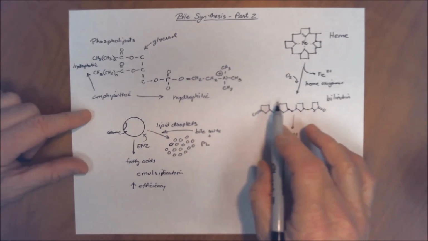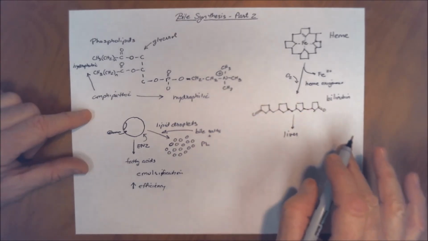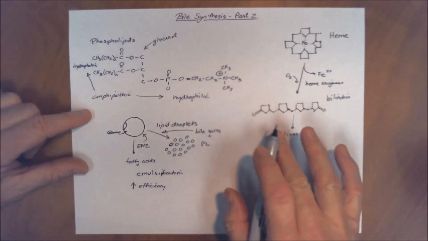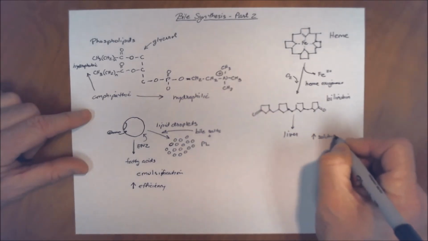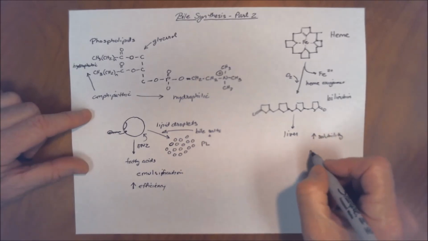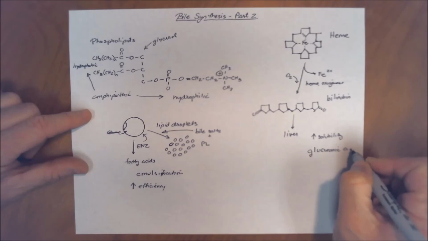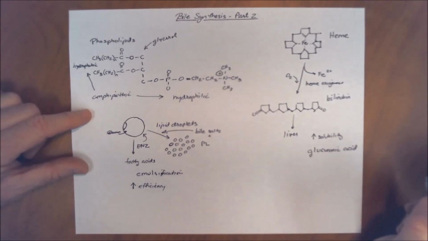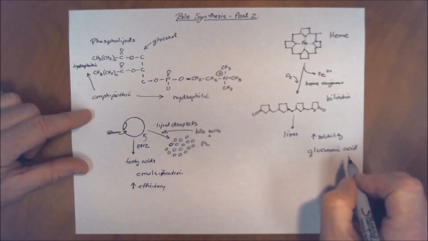The liver takes up the bilirubin structure, and in order to be able to get rid of the bilirubin, we need to prepare this molecule so that we can increase its solubility. So the liver does this by adding a glucuronic acid moiety. Now, glucuronic acid is a long carbon chain with lots of hydroxyl groups on it, a carboxylic acid at the end.